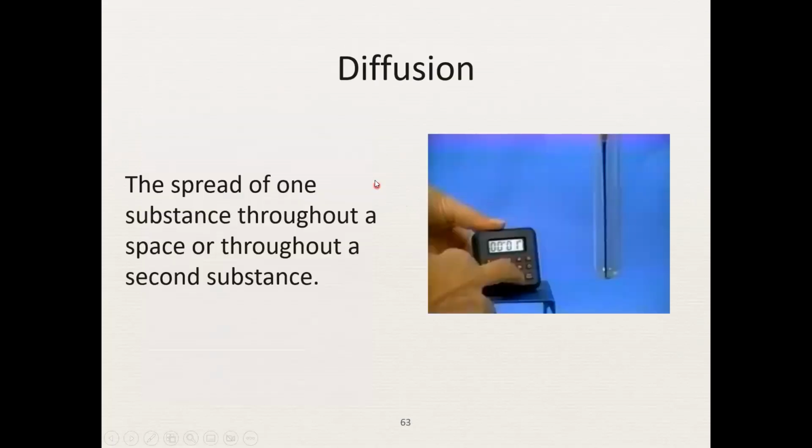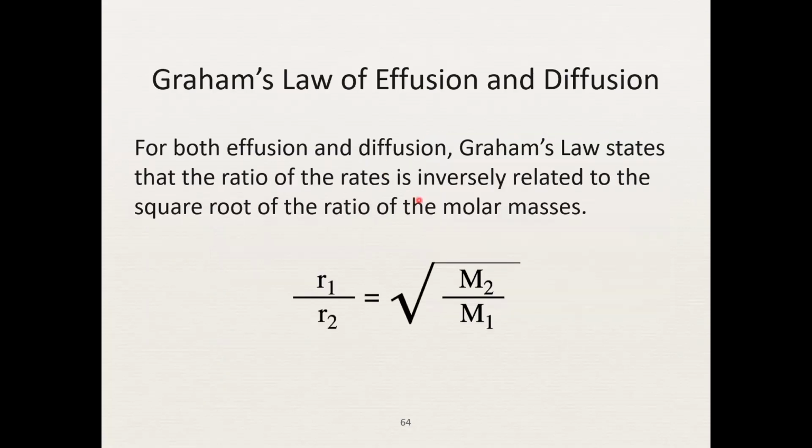But similarly with diffusion, we're going to be looking at the movement of a gas. But in this case, we're going to be looking at kind of how it spreads out, rather than just trying to have it effuse through a hole. But either way, if we're looking at the rates of these processes, so again, effusion is essentially escaping through the tiny hole in the container. Diffusion is going to be looking at just sort of spreading out through a larger area.